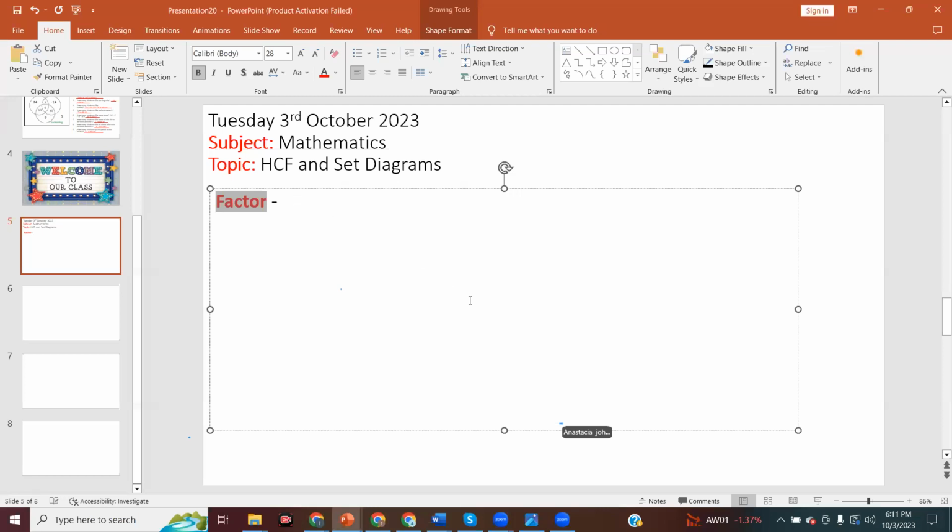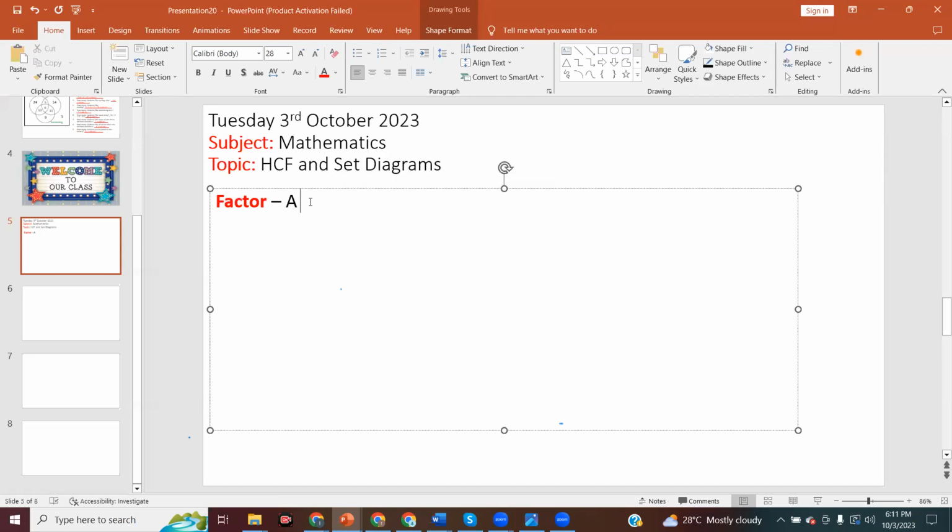A factor is a number that divides evenly into large numbers. Very good. A factor is a number that you could use to divide a number evenly.